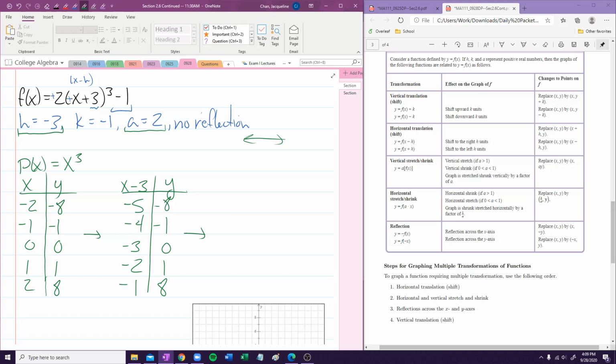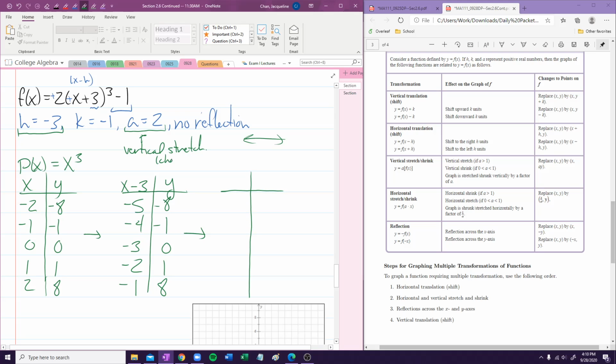Is it shrinking or stretching? Stretching. For the stuff attached to the y, it's the intuitive one: when it's bigger, it's stretching, and when it is a fraction, it shrinks. Since it's bigger, this is a vertical stretch.